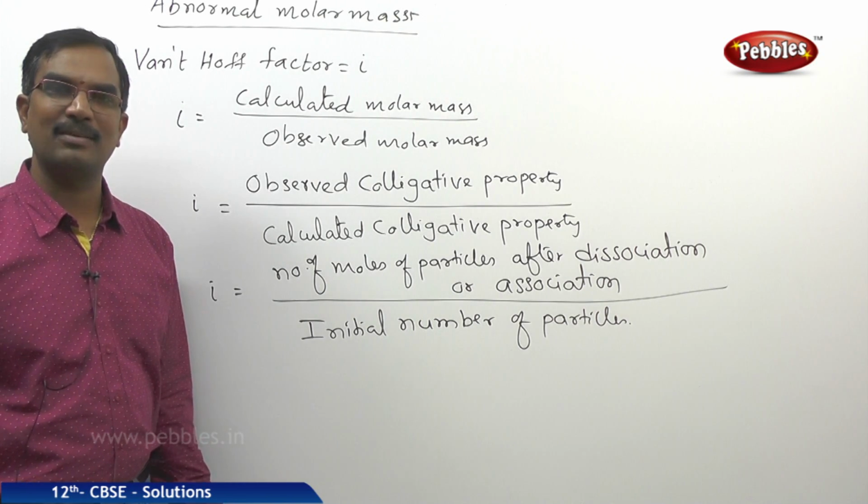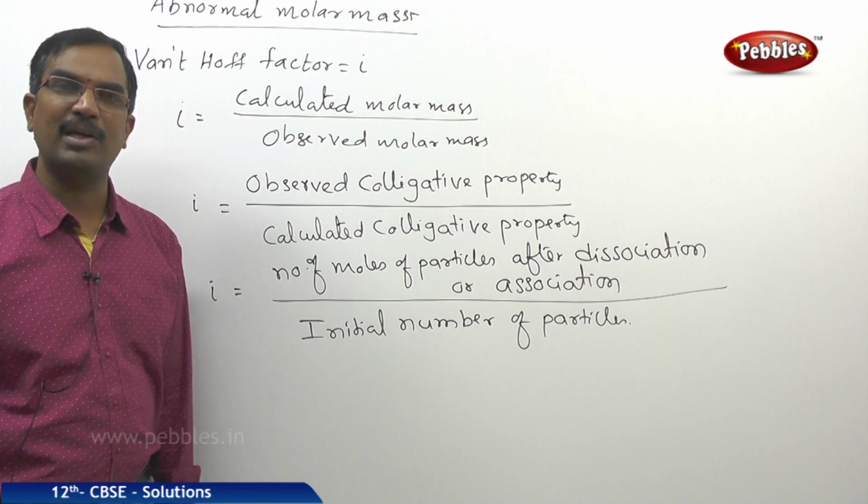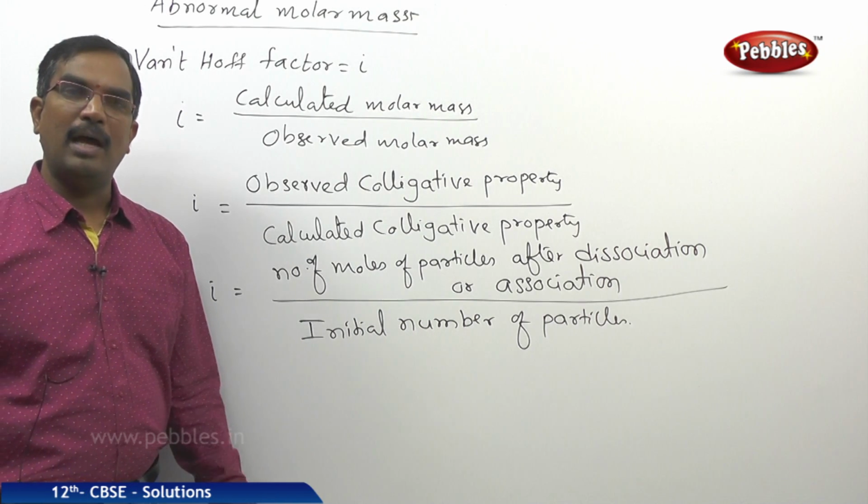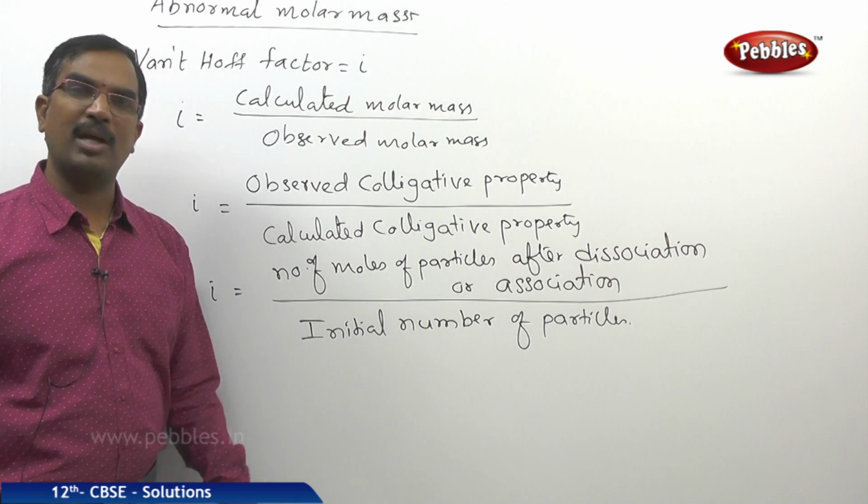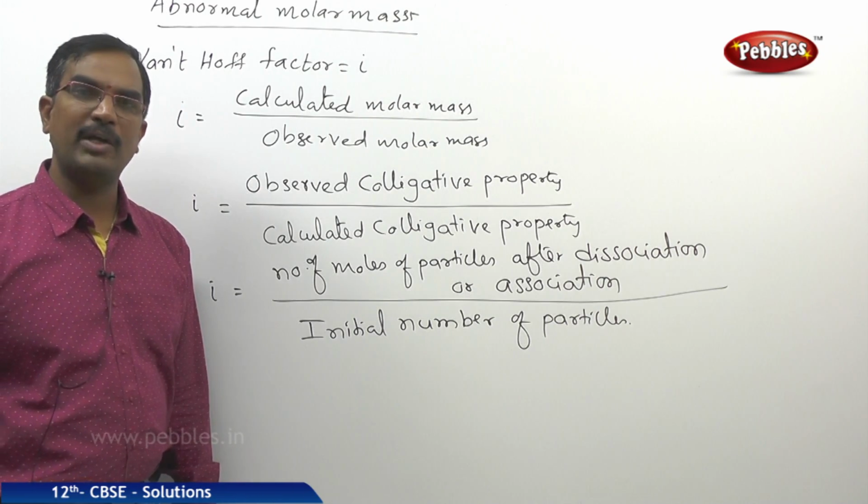Once you get this, automatically we can get the abnormal molar mass. From that we can also calculate the corresponding colligative properties.